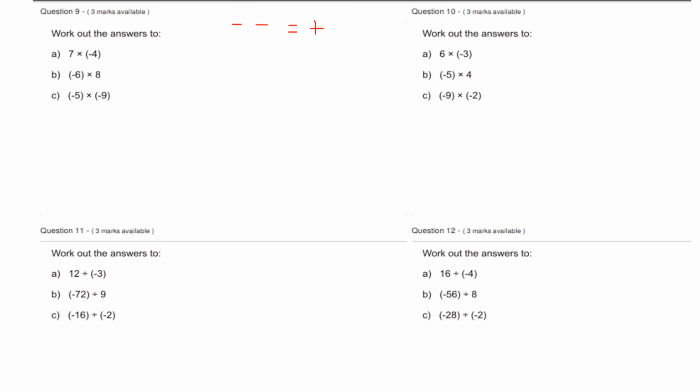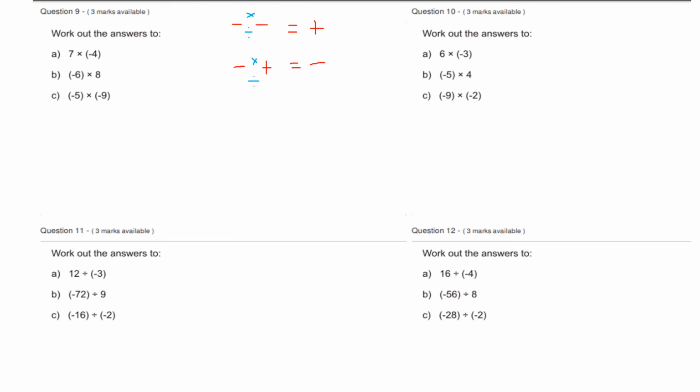But if only one's negative and one's positive, it can be in either order, then your answer will be negative. Okay, so basically, if they're the same and you're timesing or dividing them, you're going to get a positive answer. But if they're different and you're timesing or dividing them, you're going to get a negative answer.